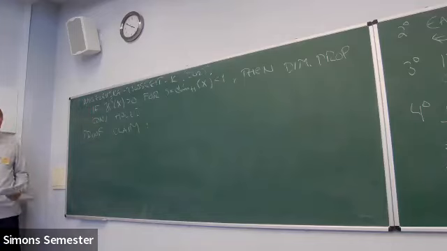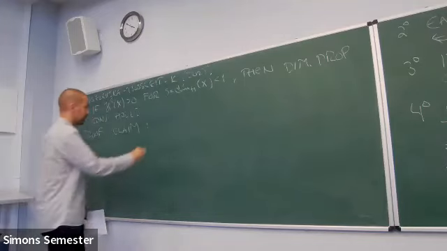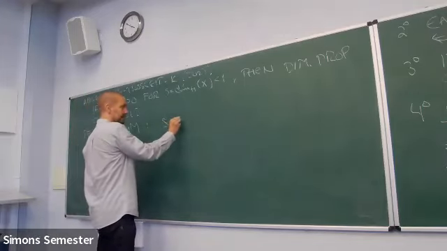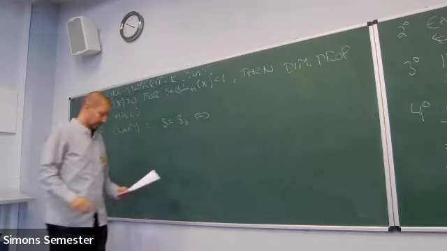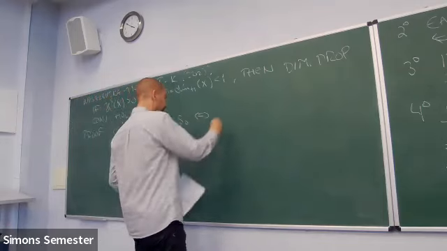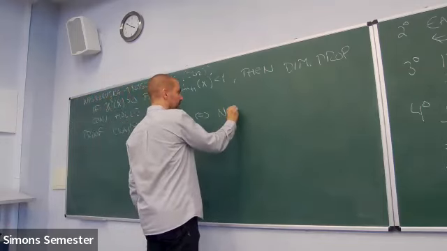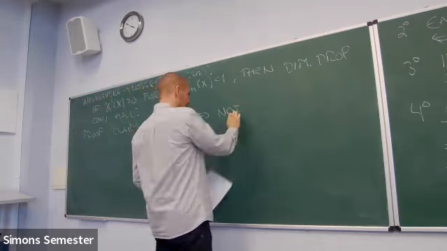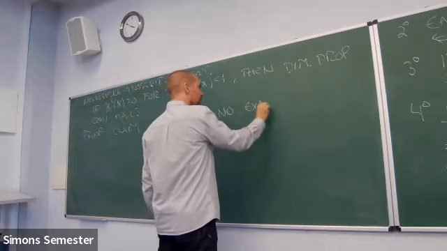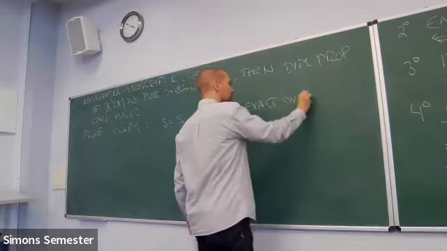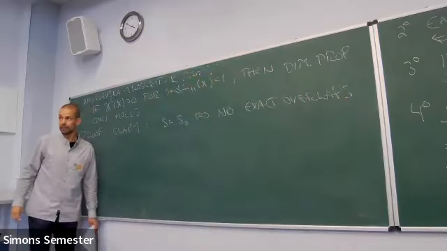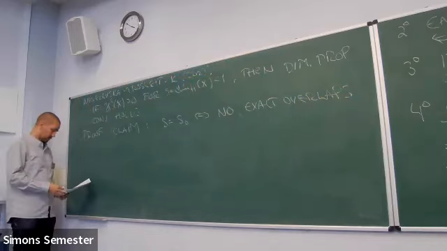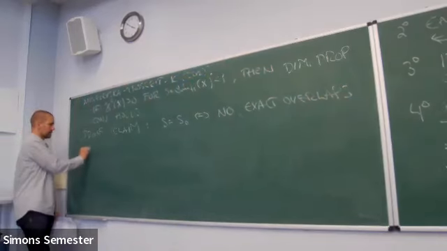Basically, the claim here is that the fact that this S is equal to this S naught is equivalent to not having exact overlaps. And to show this is easy.